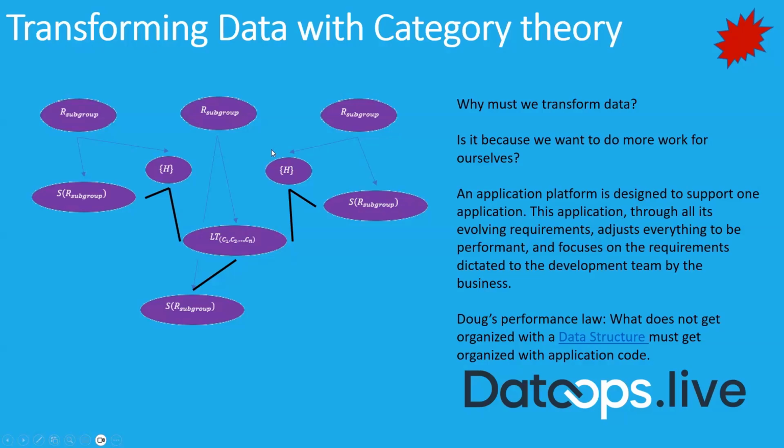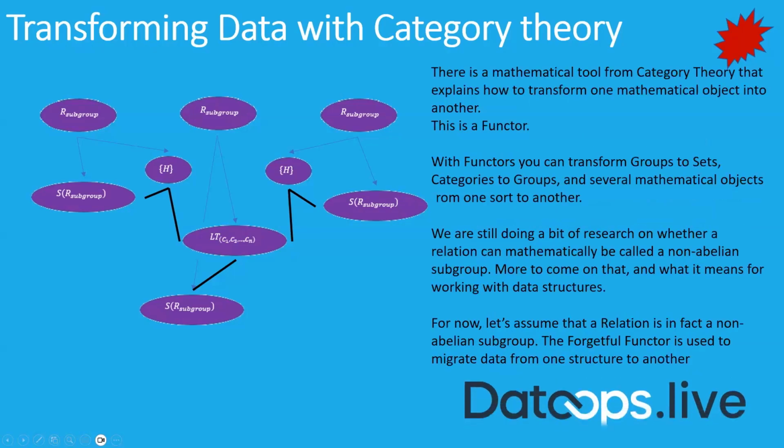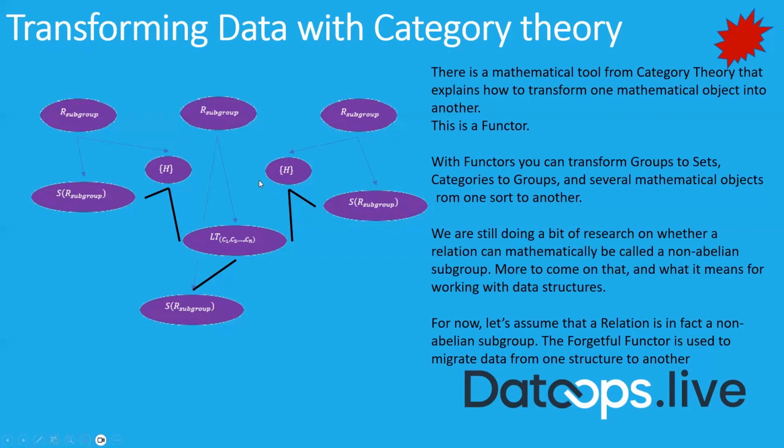So you're transforming this data from these various subgroups into others, which are creating sets, tuples, and or other relations. And yes, okay, here we go. This is where the definition is. So the tool that does that is what's called a functor. If you're taking from a subgroup into a set, you're actually using what's called a forgetful functor.